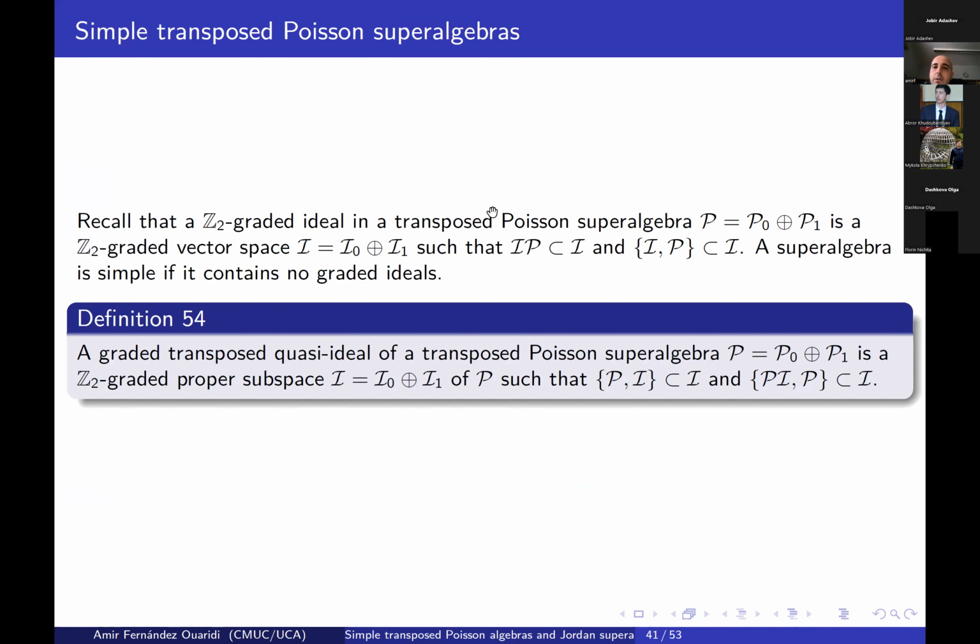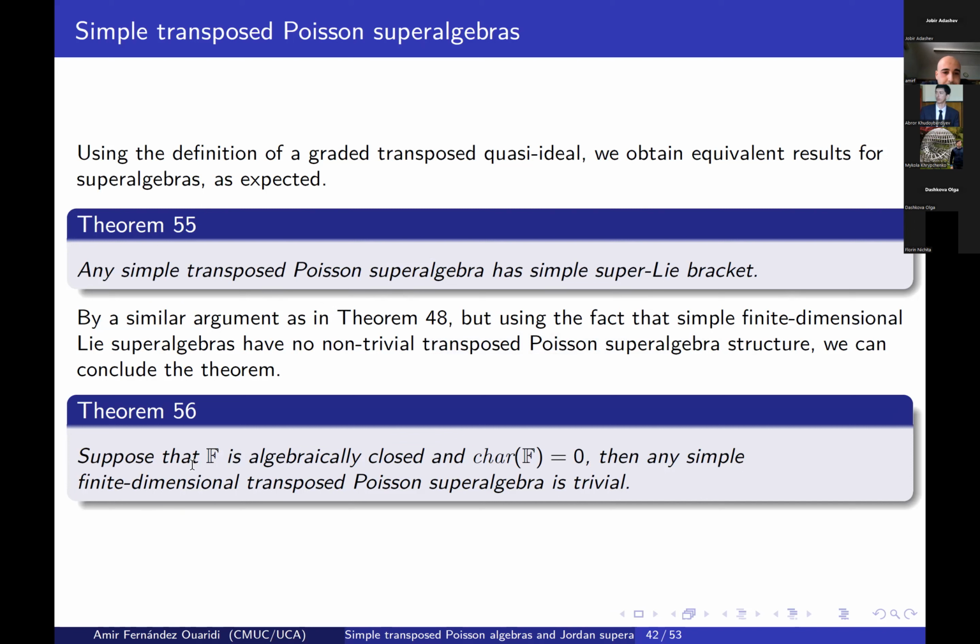Then what we can prove using this definition is that any simple transposed Poisson superalgebra has simple super Lie bracket. By a similar argument as in the case of Poisson algebras, but using the fact that simple finite-dimensional Lie superalgebras have no non-trivial transposed Poisson superalgebra structure, we can conclude that over an algebraically closed field of characteristic 0, any simple finite-dimensional transposed Poisson superalgebra is trivial.